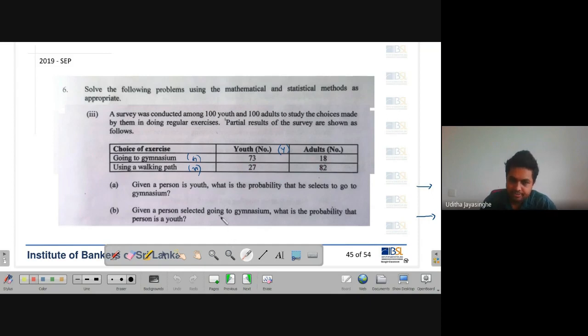Look at the questions. Given the person is youth, these words like given are going to ring a bell, sort of like a conditional probability angle. What is the probability that he selects to go to the gymnasium? Second part, given a person selects going to gymnasium, what is the probability that person is a youth?